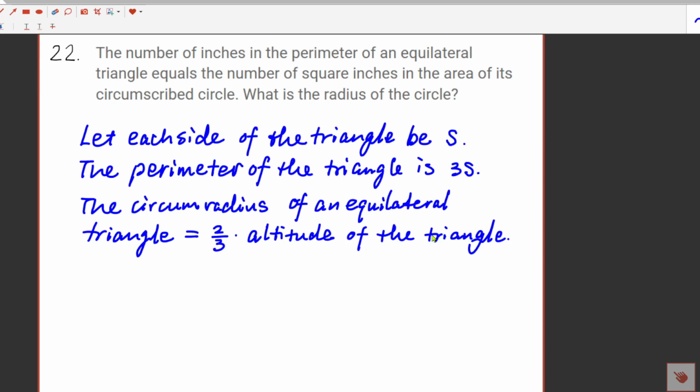So drawing an altitude of the triangle forms two 30, 60, 90 triangles, right? Of which the altitude is the leg opposite the 60-degree angle, and the side of the triangle is the hypotenuse. So if the side length is S, we know the altitude has length square root 3 over 2 S, right?